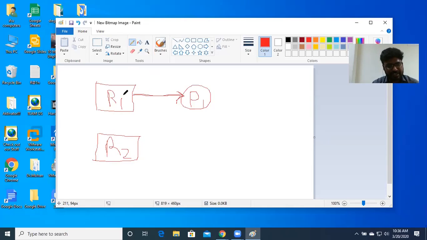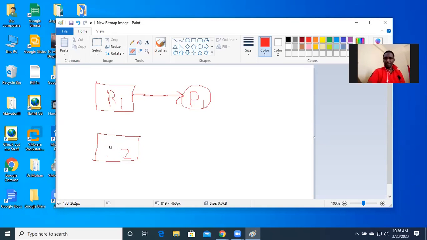I will draw it in a neat way. R2, this is resource 2. This may be another resource. Consider this resource as a webcam.